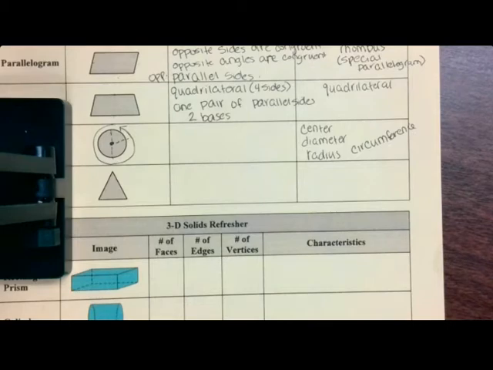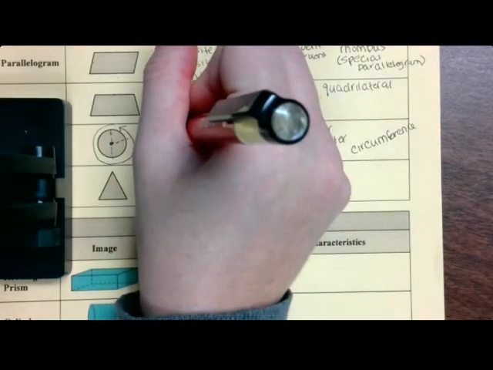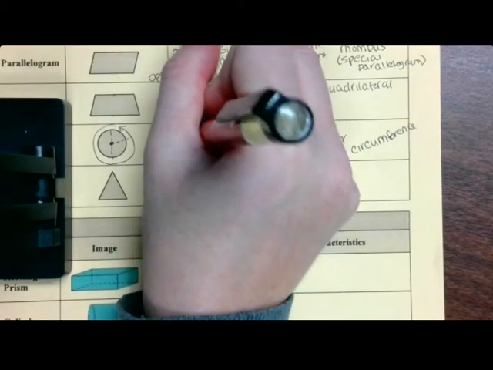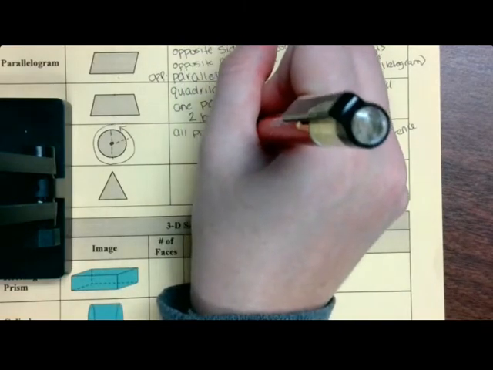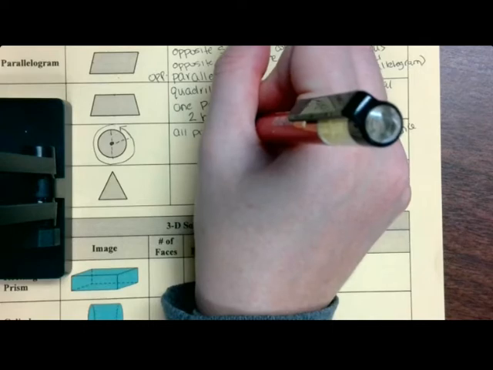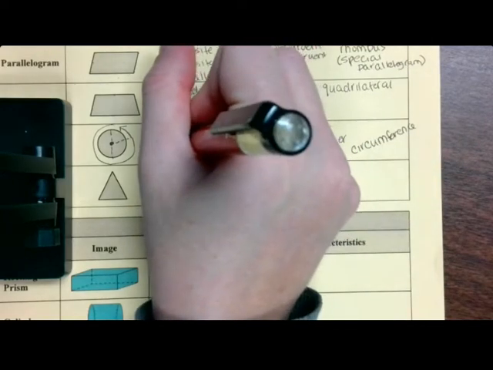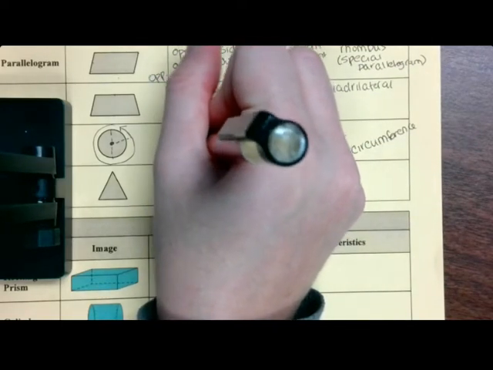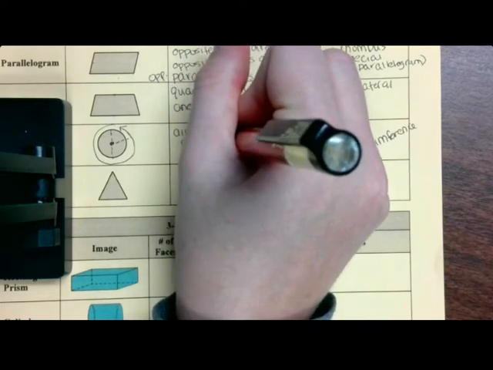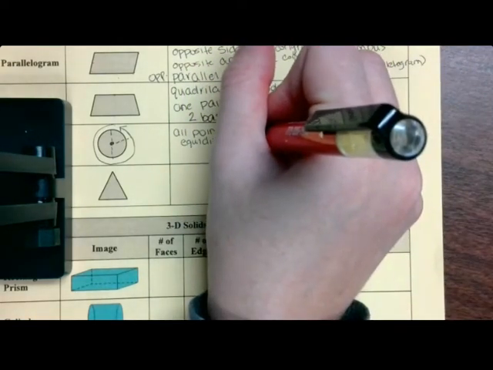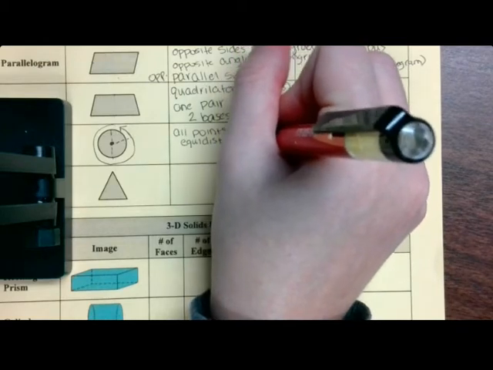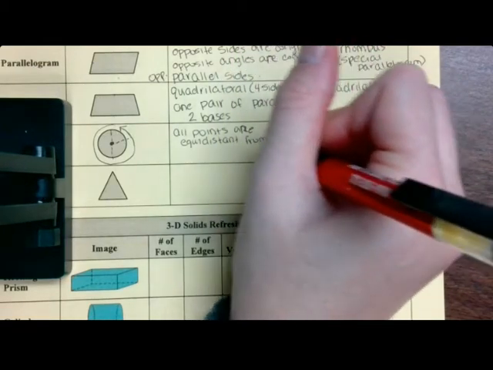So now that you kind of remember that, what we're going to look at is all points are equidistant from the center.